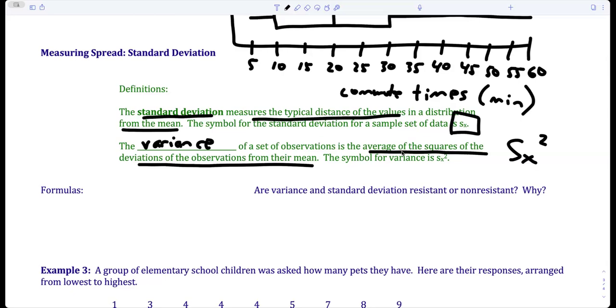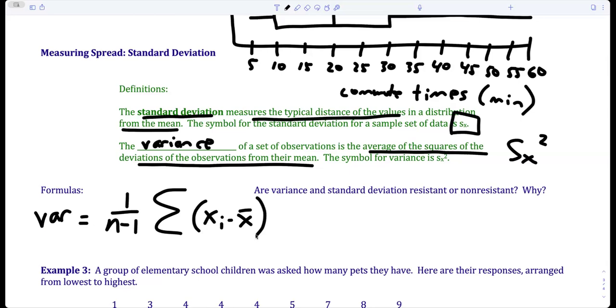So here's the formula for the variance. Okay, so don't be intimidated by this formula. All right. So what this formula does, it takes a data point, it subtracts the mean, x bar, then it squares it.